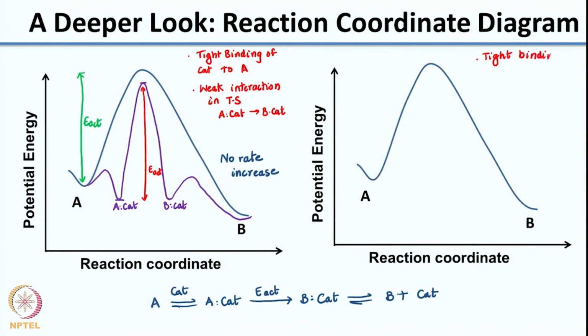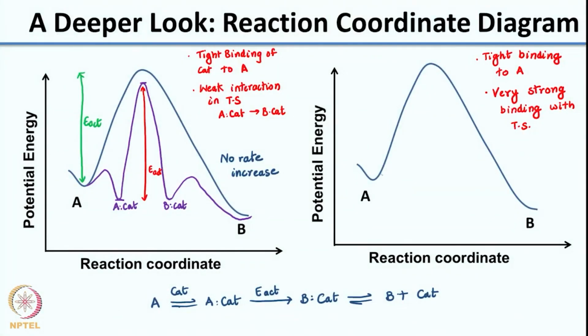You can even choose the scenario where you have a moderate binding to A and a very strong interaction with the transition state. So, now go ahead and draw the reaction coordinate diagram for this, and you can again press the pause button and also do one more thing, try to figure out if this will be a good catalyst with the green line, red line that we were doing so far.